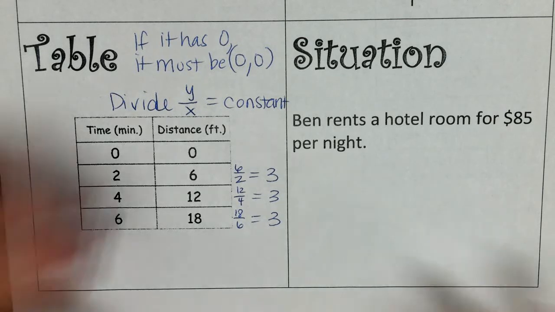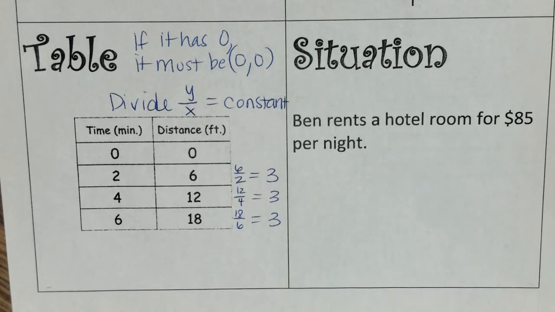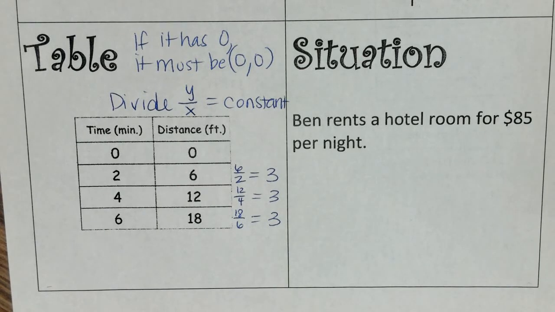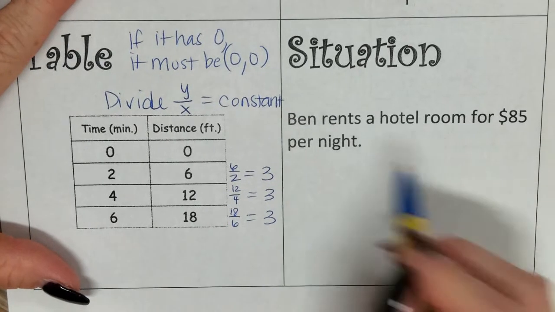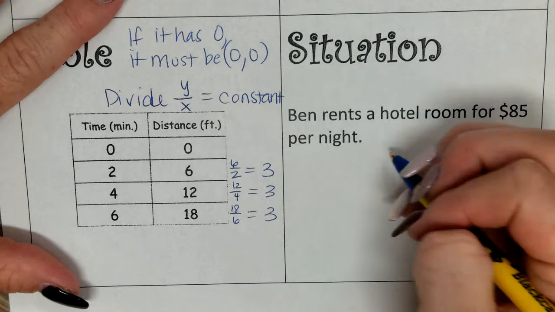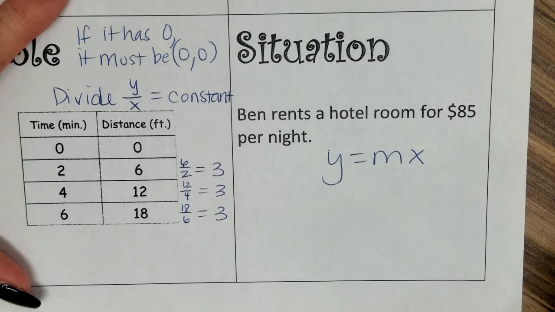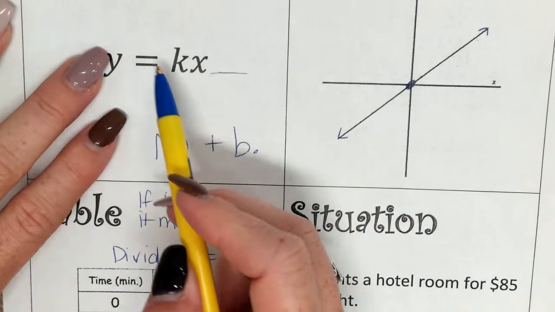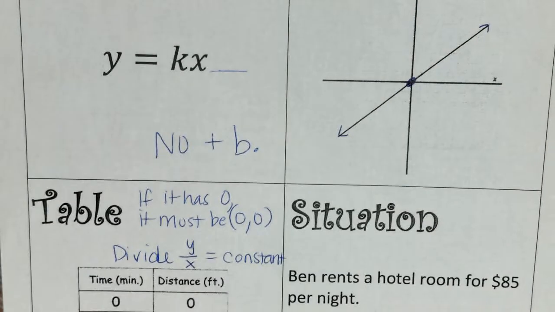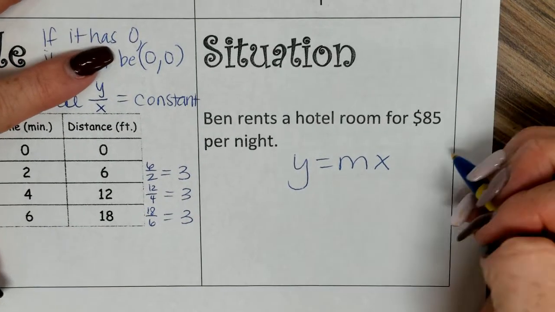And then the last thing is in a word problem. How can you tell if something is proportional? You have to have the per, but no plus b, right? So if you write it, it has to look like this. Can I put kx because that's what they like to put? Sure, it doesn't matter. So what can it not have?